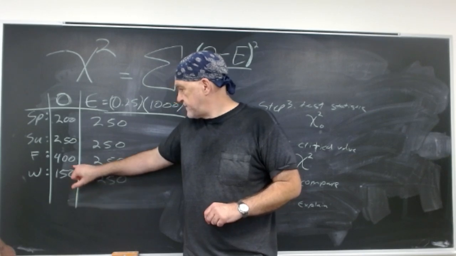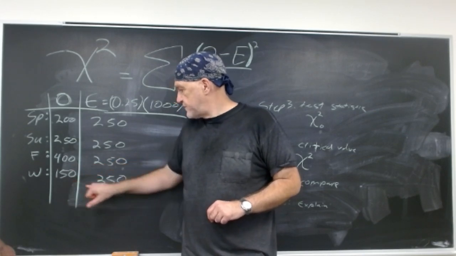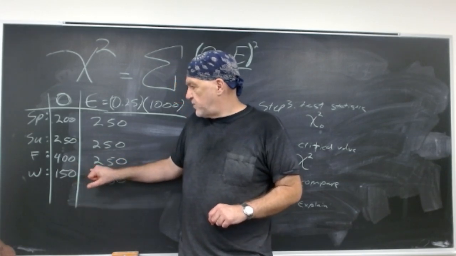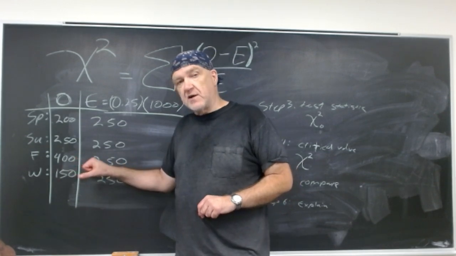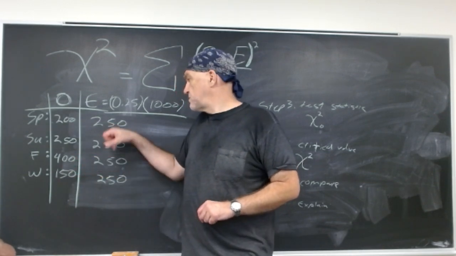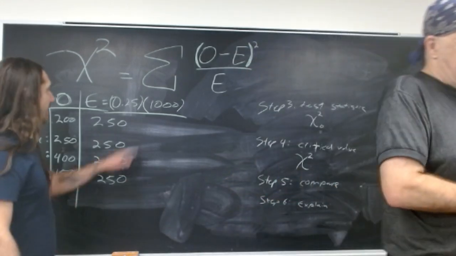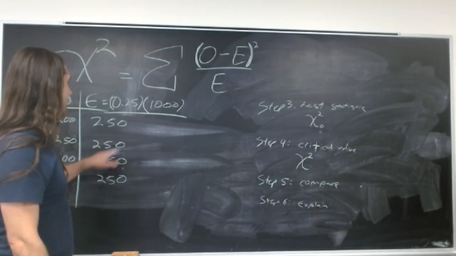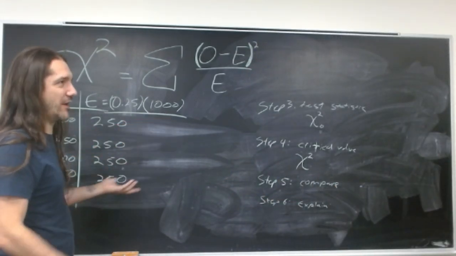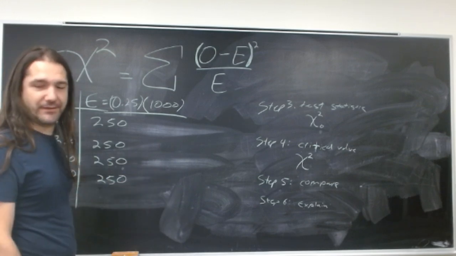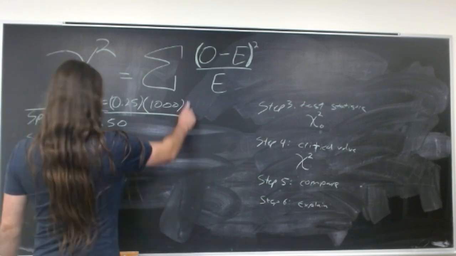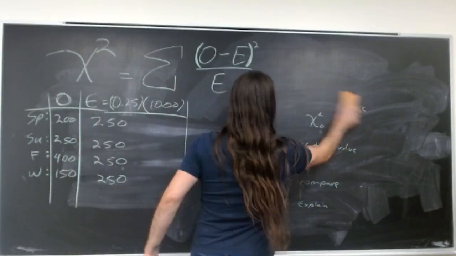Difference here is 150, difference here is 100. So it may be that both of these are significantly different. These two, probably not, but we're going to find out shortly. If one of them's off, by logical necessity at least one of the others has to be off as well.